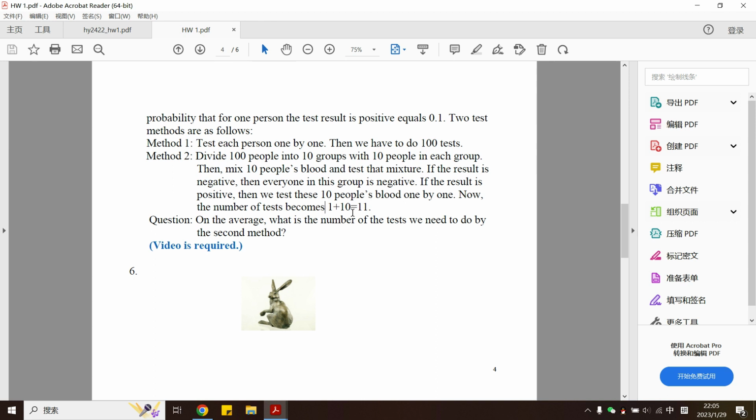If the test is negative, then we only need to test once, since everyone in this group is negative. But if the result is positive, then we need to test all the people in that group one by one, since we don't know which one has the positive result. So the number of tests will become 11.